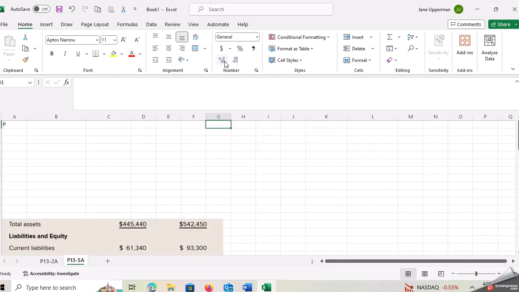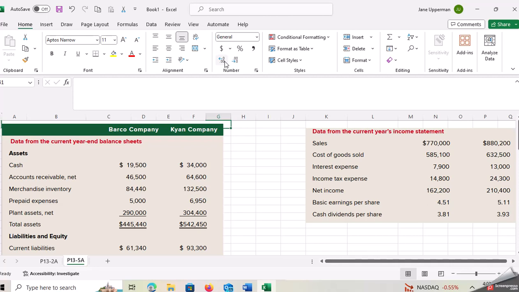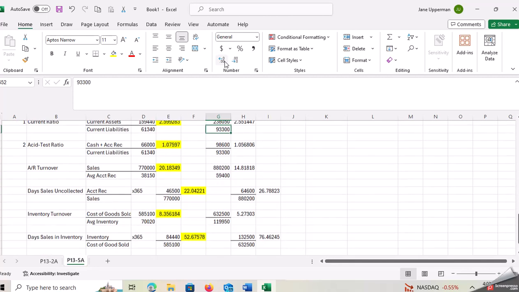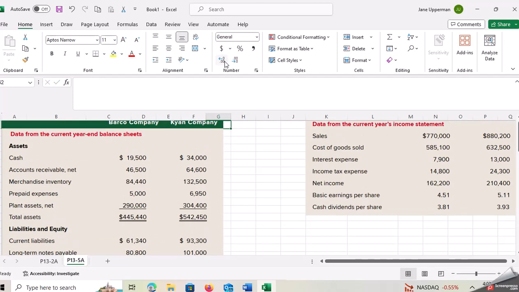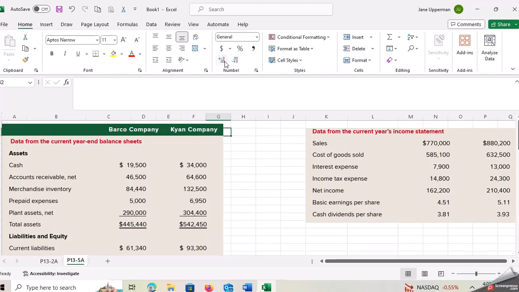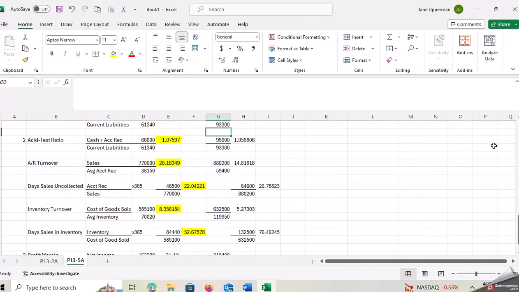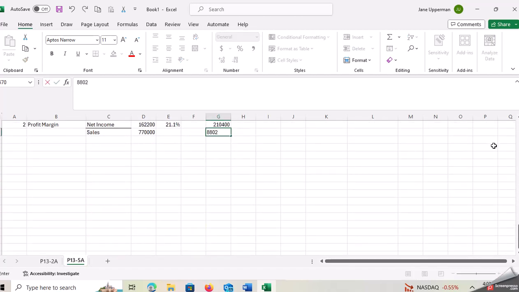So their net income is 210,400. And then their sales were 880,200. So again, up here in the top corner. And then those will divide.